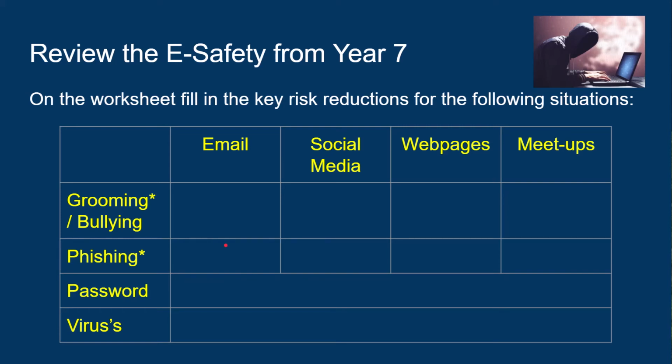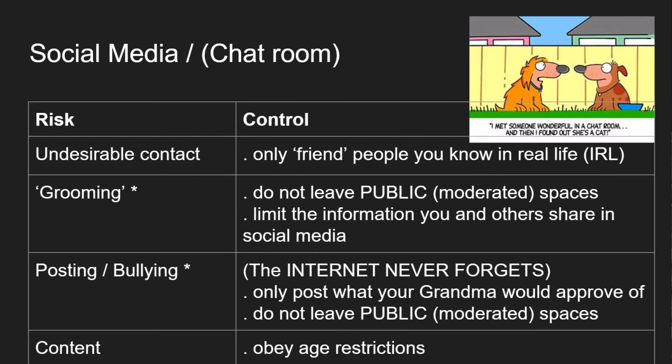I'm just going to run through what I've got at the moment for the Year 7s. Their quick thing is to be careful on social media because you never know exactly who's there. The thing you want to avoid is undesirable contacts. So really you should only be friends with and communicating with people you know in real life.